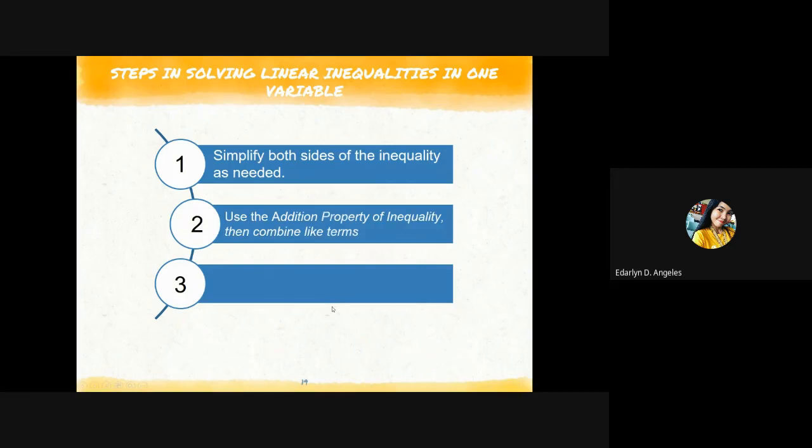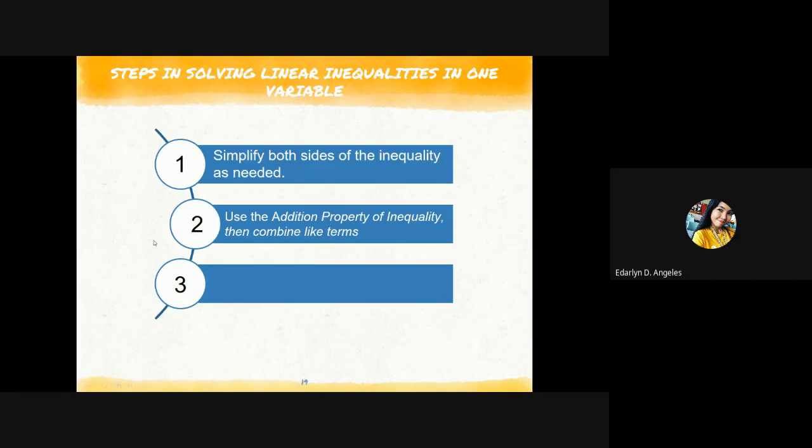Second, once we have done that, we can now make use of the addition property of inequalities, so that all the variables are on one side of the inequality and all constants are on the other side.